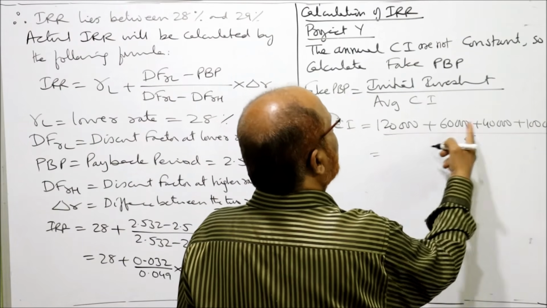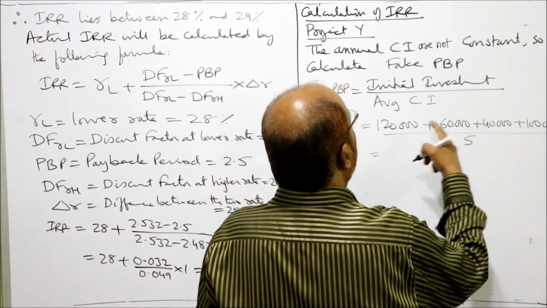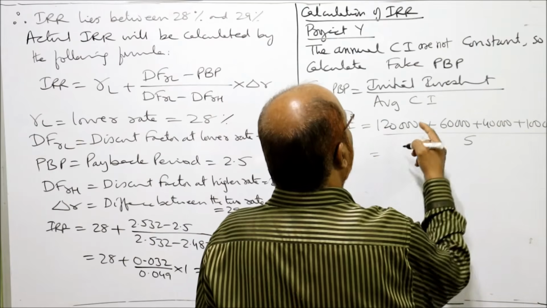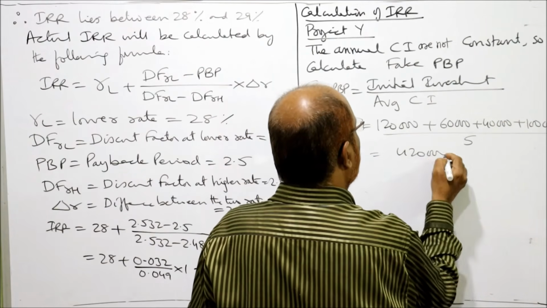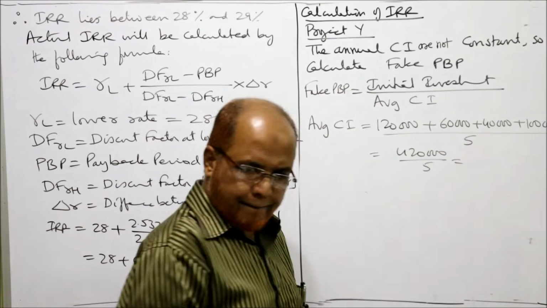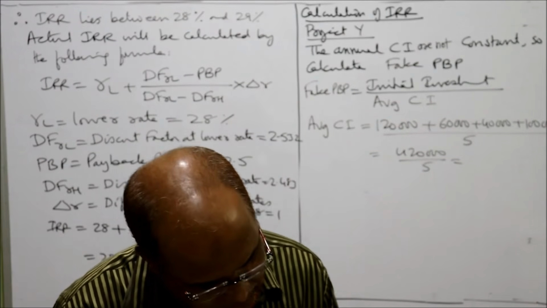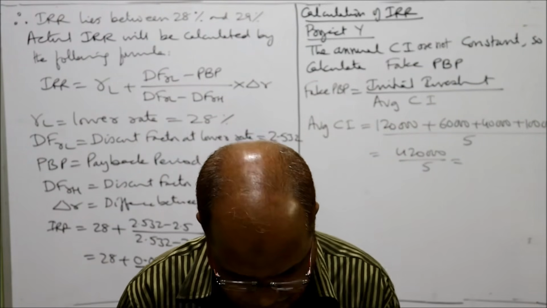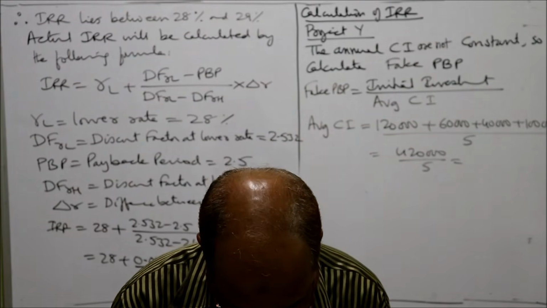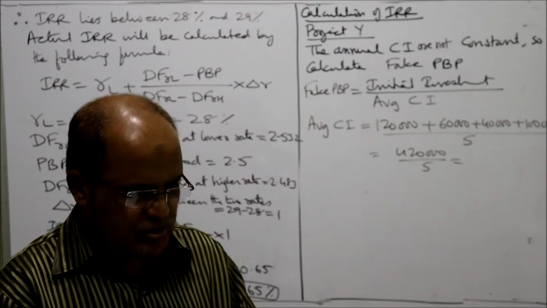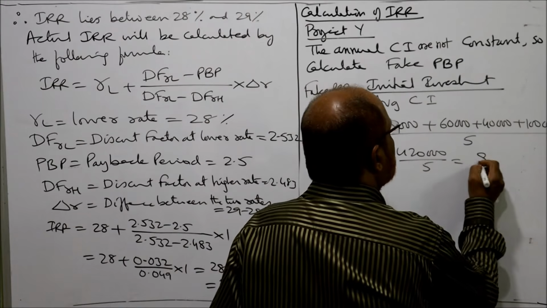So that is 4 lakh 20,000 divided by 5. That is 84,000.